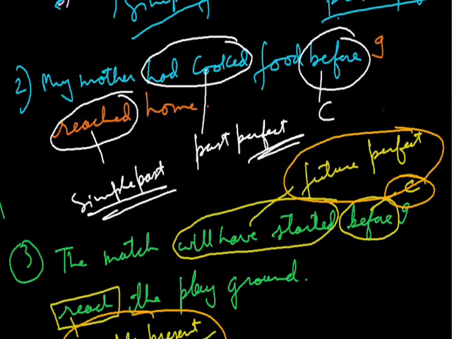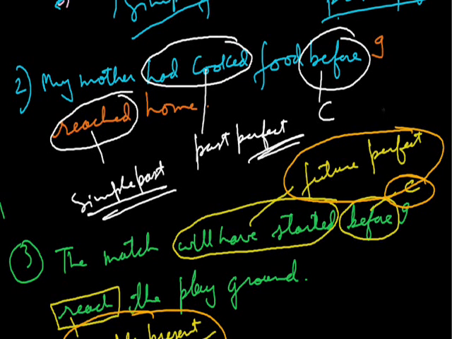As discussed earlier, we will be given three perfect tenses joined by the connectors, and similarly we will be given three indefinite or three simple tenses. It can be present simple, past simple, or future simple.